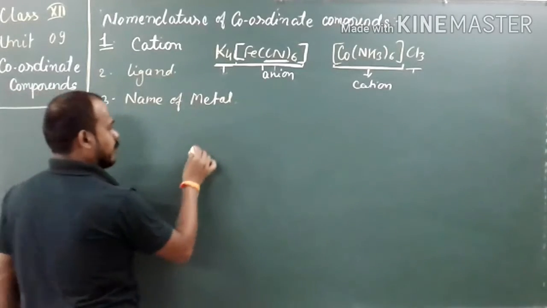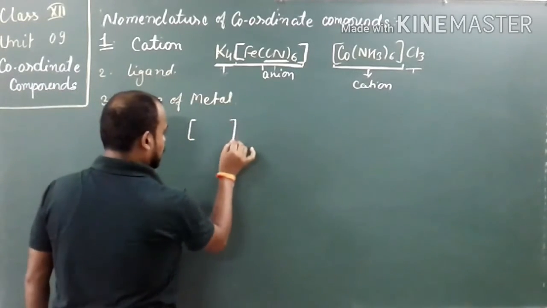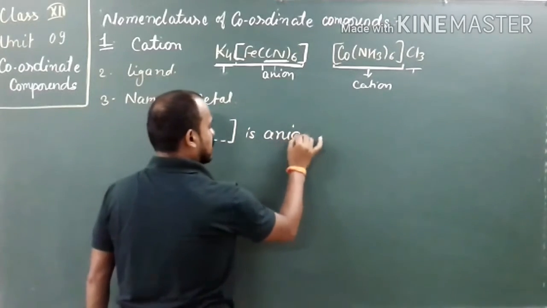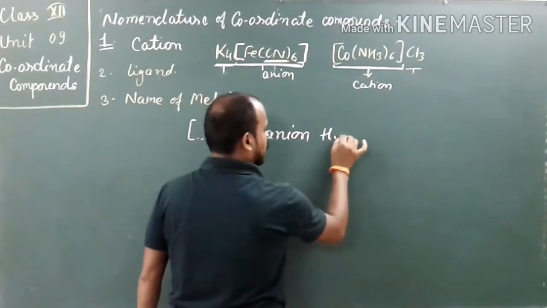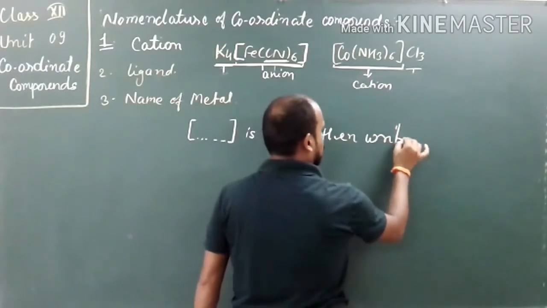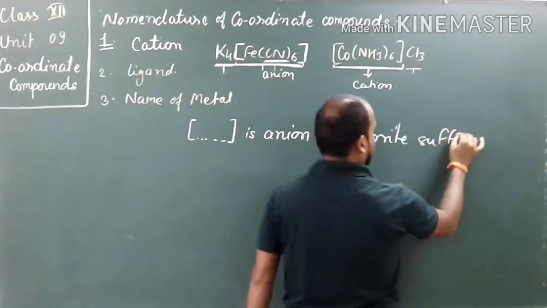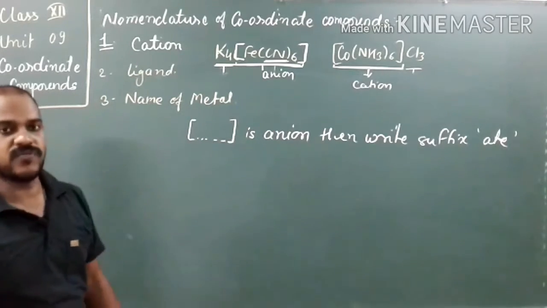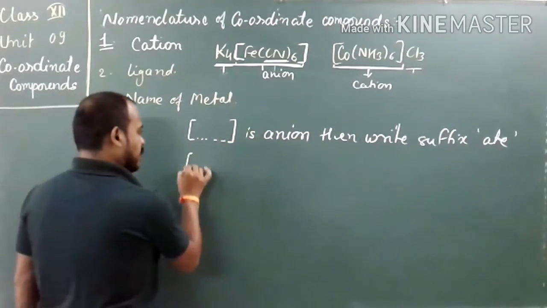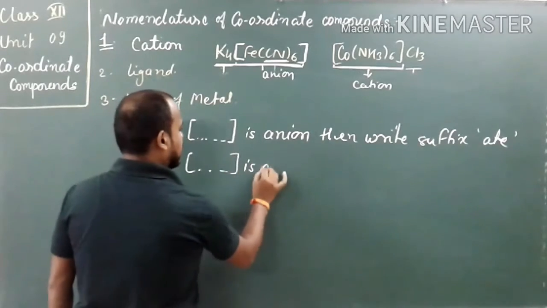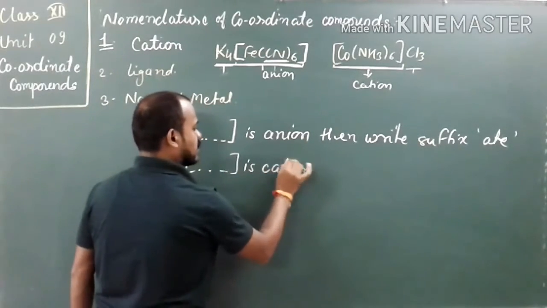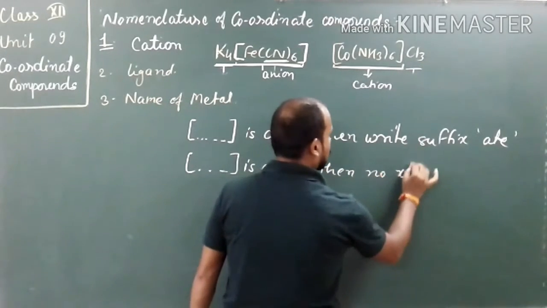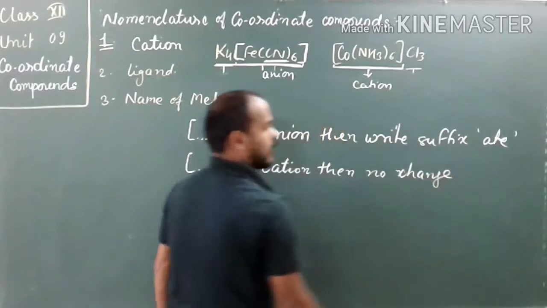So here in the name of metal, if this species is an anion, then write the suffix, and what suffix? That is ate, after the name of metal. And if this coordination entity is a cation, then no change in the name of metal.